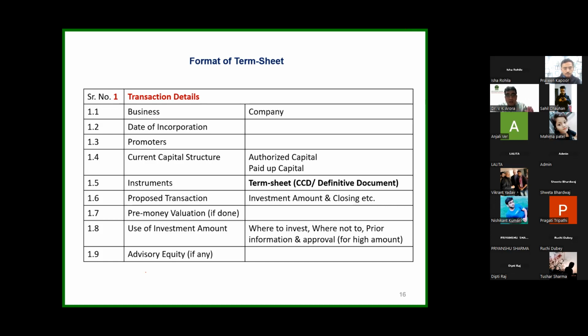Why? Because to understand the pre-money valuation of your startup, there is one more method which is linked with the post-money valuation. Means if I am going to buy 20% share of your company and I am going to invest 50 lakh rupees, then automatically 20% is related with the 50 lakhs, then automatically the valuation of the company will come to how much? 2.5 crore.